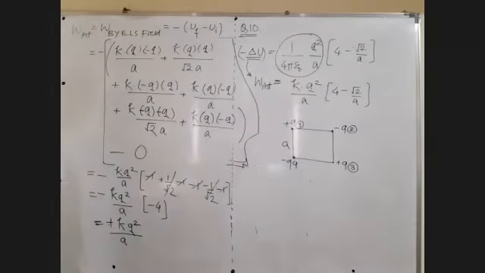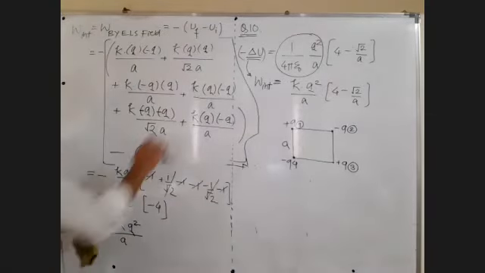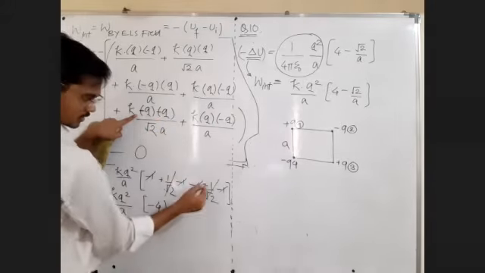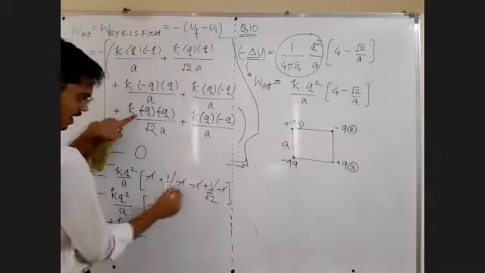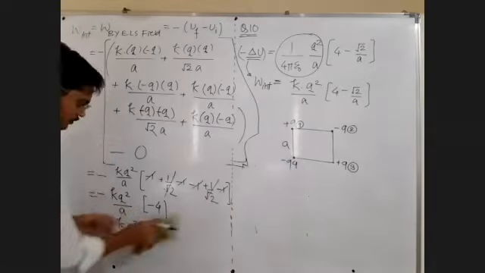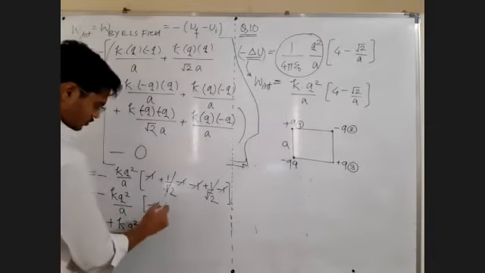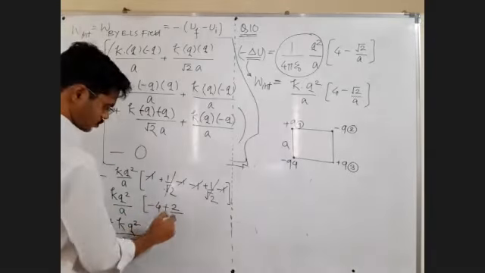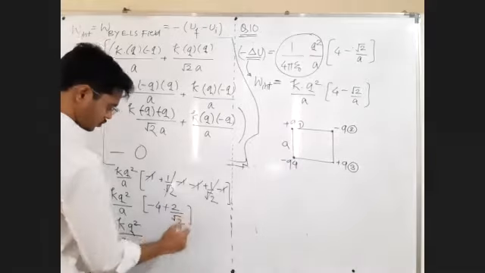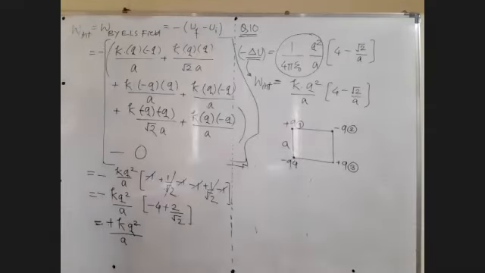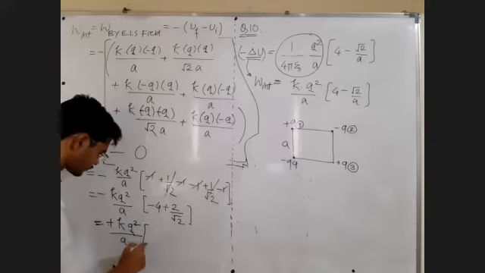Fine. Okay. So this plus 1 by root 2, minus minus will become plus, second last step. Minus minus plus. So 1 by root 2 plus 1 by root 2, 2 by root 2. So that will become what?